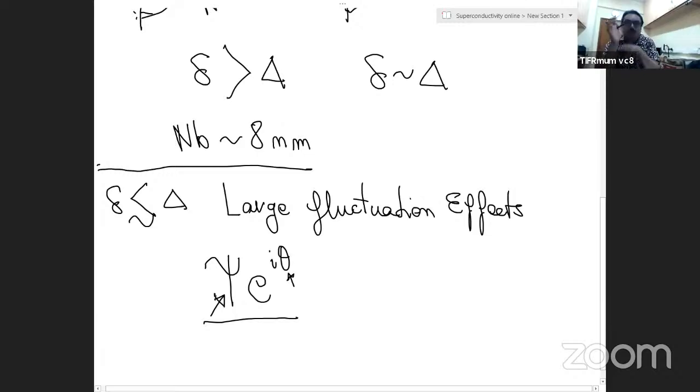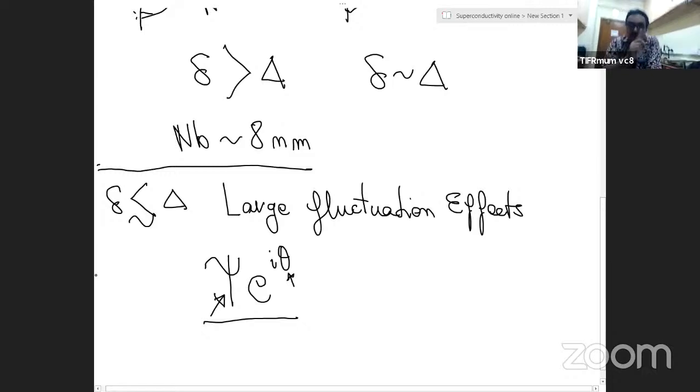Now, if you take a large superconductor, you have this amplitude which is very well defined, and the phase which is also locked to exactly the same value for all the electrons or all the Cooper pairs. However, when you start going to small particles, then you start having a fluctuation of this order parameter.